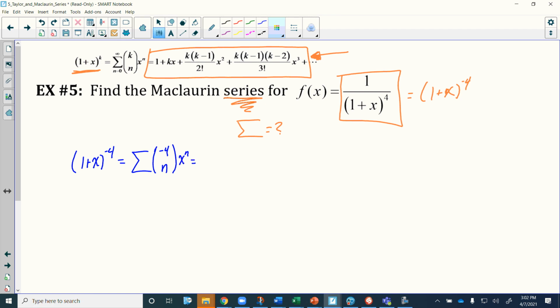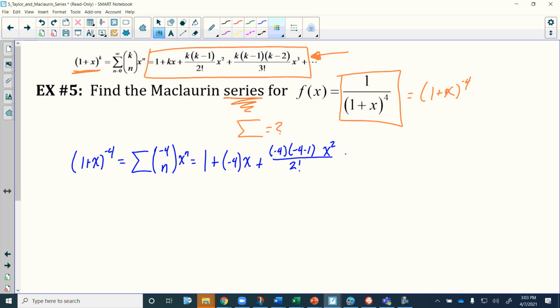So when we expand this according to the binomial series expansion that was provided for us, we're going to start off with 1, and then plus k, which in this case is negative 4, times x, plus negative 4 times (negative 4 minus 1) over 2 factorial, and I'm forgetting my x squared here.